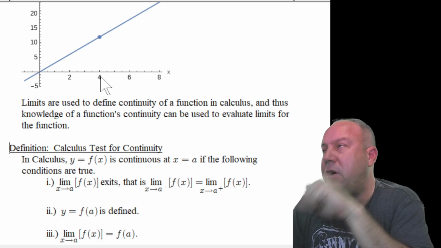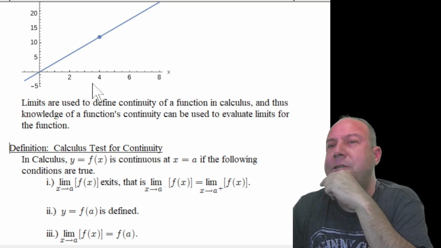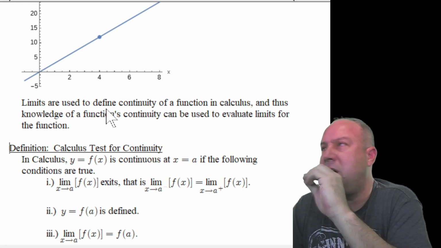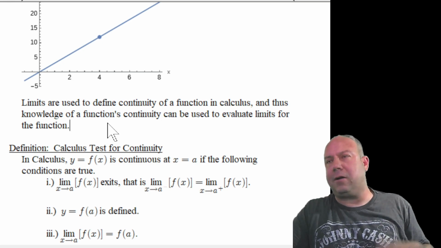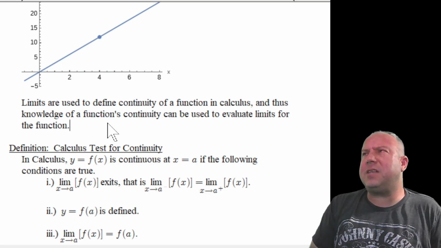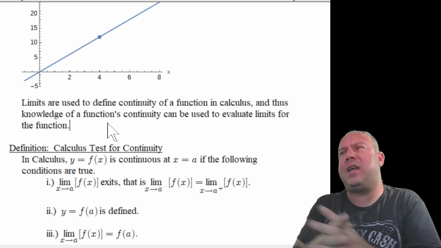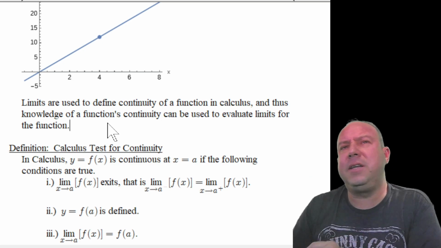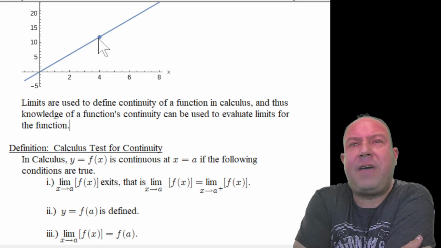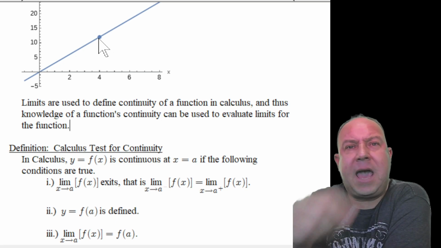And what we have is a calculus test for continuity. It's a bit of a test because it sets up some conditions that have to be true in order to be continuous, for instance, at this value of x equal to 4 in this graph for 3x.